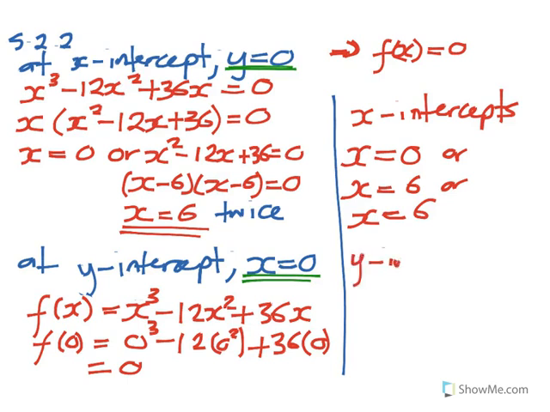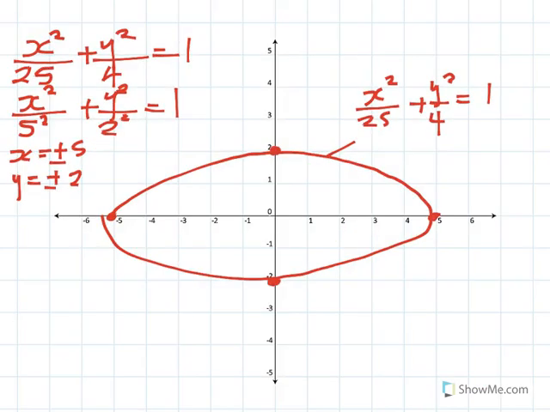And y-intercept is y is equal to 0. What is an intercept? An intercept is where the graph cuts the x-axis as well as the y-axis. So that is what they needed when they were asking that particular question.